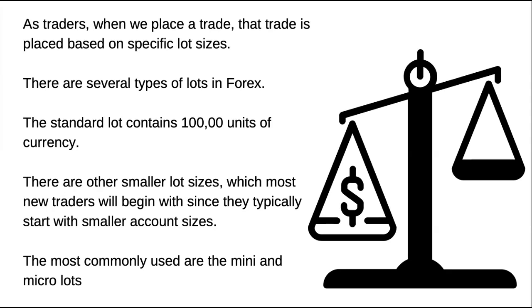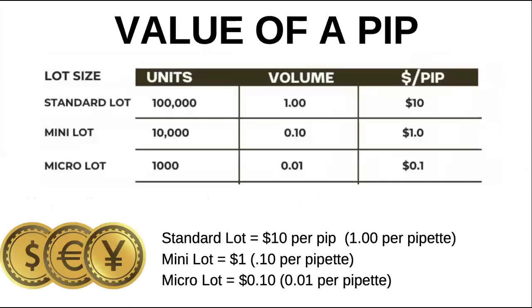The standard lot, which most new traders won't be using, is 100,000 units of currency. There are other smaller lot sizes, which you will probably be using depending on your account size, but you typically want to start with a micro lot or a mini lot. You don't want to be using a standard lot.